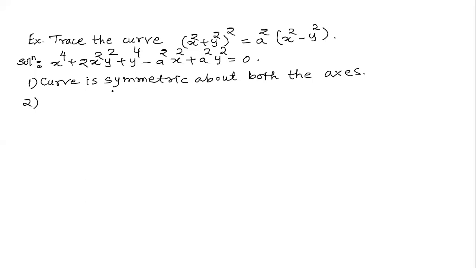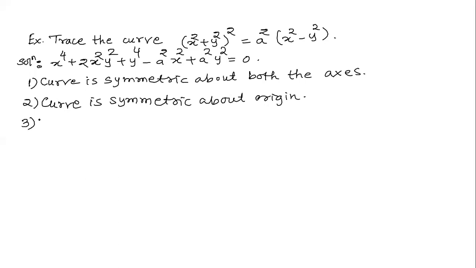What is the fourth? Replace x by minus x, y by minus y, and if the equation remains unchanged, the curve will be symmetric about the origin. Yes, as there are only even powers of x and y, that is going to happen. So the curve is symmetric about the origin, or you can say symmetric in opposite quadrants, or symmetric in the first and third quadrants.